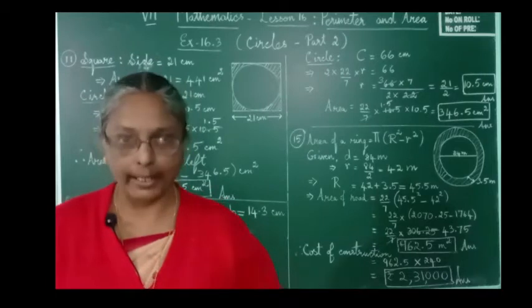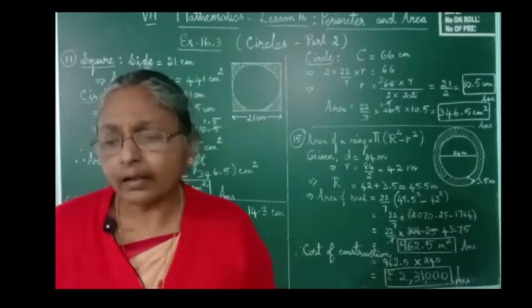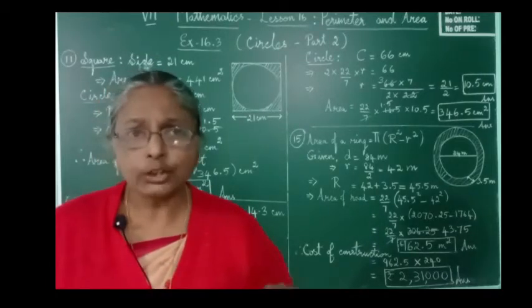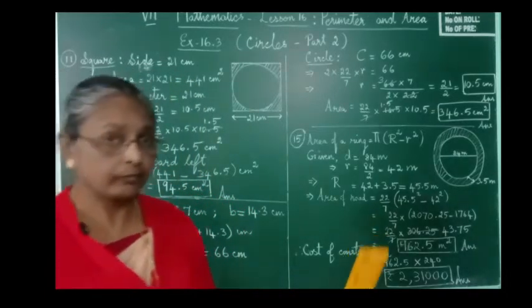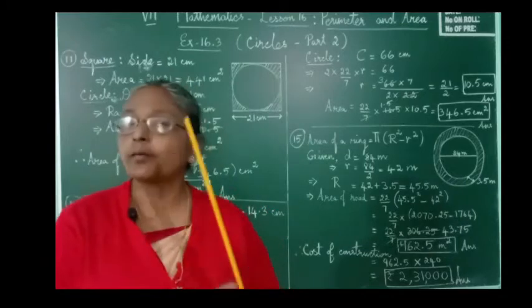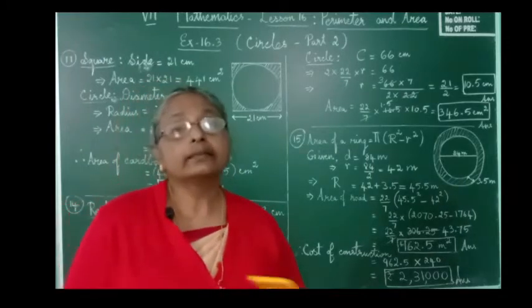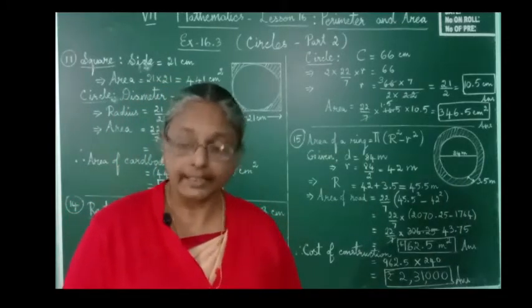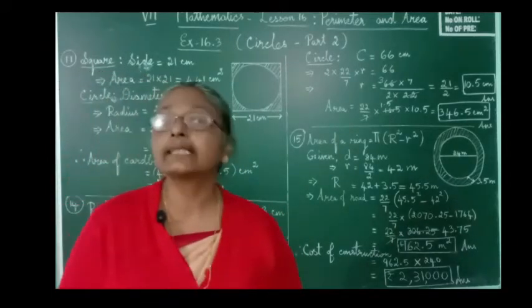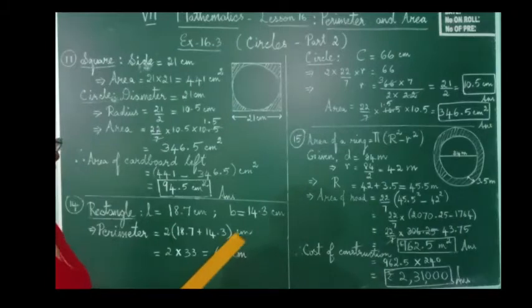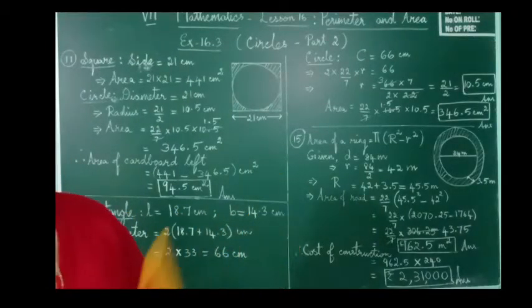We have a long wire and this wire is actually made in the form of a rectangle. Initially, it is in the form of a rectangle and the dimensions of the rectangle are given as length to be 18.7 centimeters and breadth to be 14.3 centimeters. So, for the rectangle, the dimensions are given.